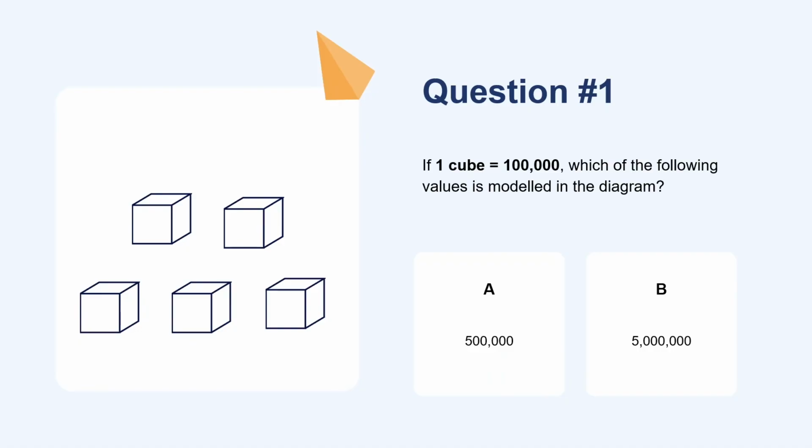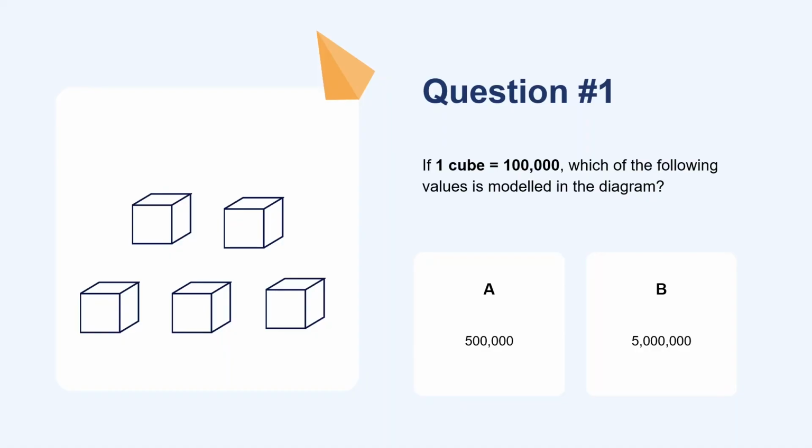So as said, an example is if I have one cube being equal to 100,000 and I have 5 cubes. One cube is 100,000. So if I have 5 cubes, it means that I have to multiply the value of the cube by 5.